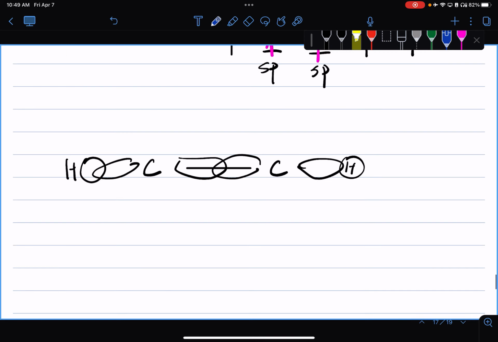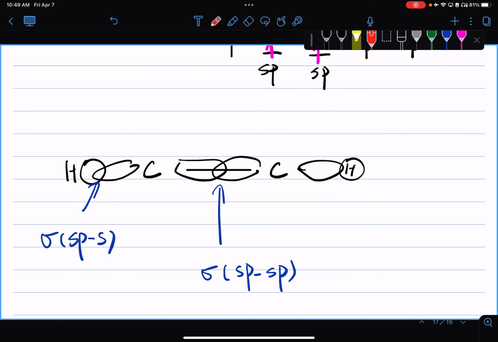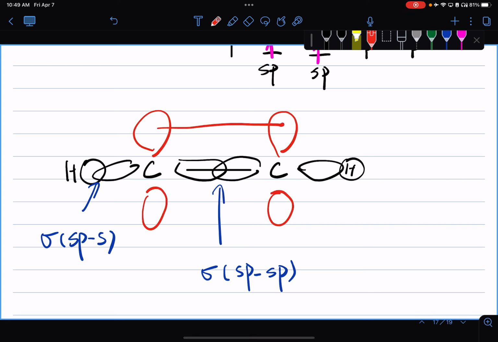So in both cases, that's our sigma sp, sp, and at the end, our sigma sp with hydrogen. Now we have two sets of p atomic orbitals. The first set is like what we showed before. This red one is like our burger, with two pieces of bread on top and below that beef patty. So that's our first pi bond. Let's say that's px, px.